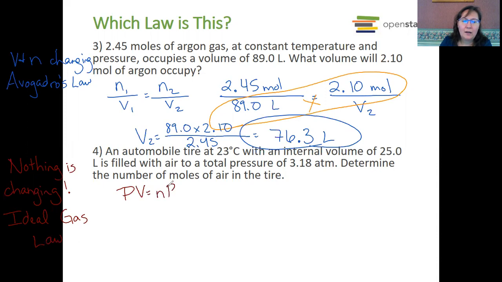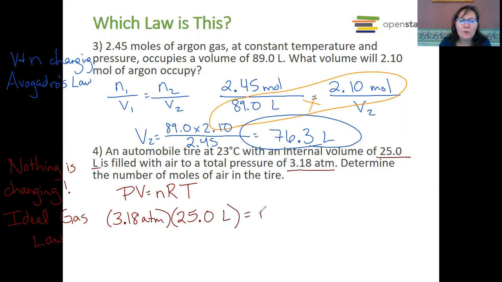PV equals nRT. All right, now my pressure here is 3.18 atmospheres, and my volume is 25 liters.